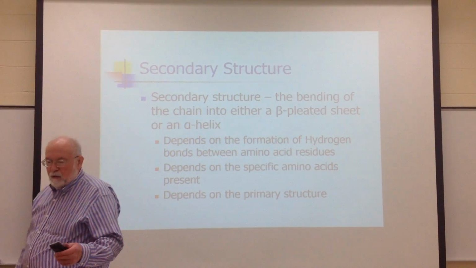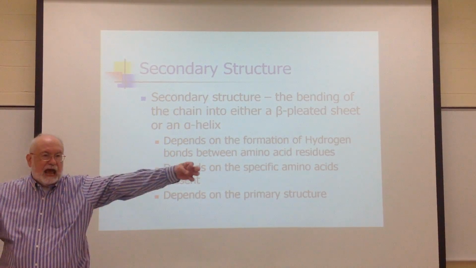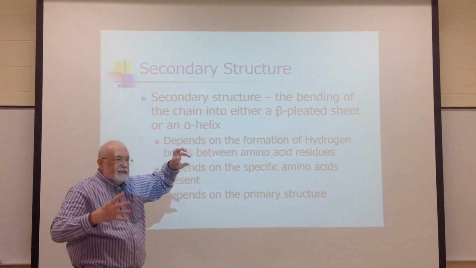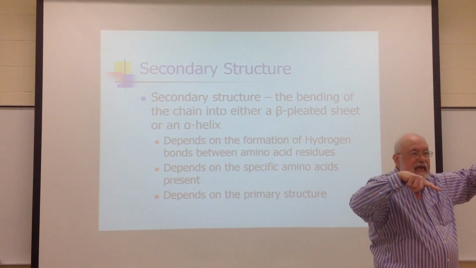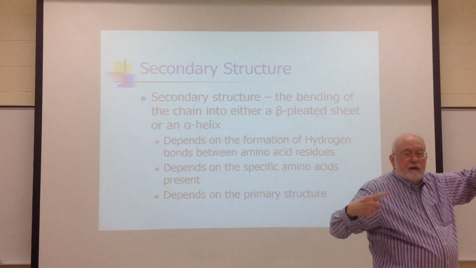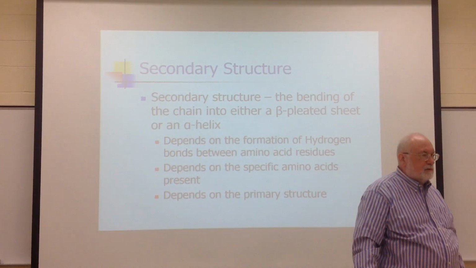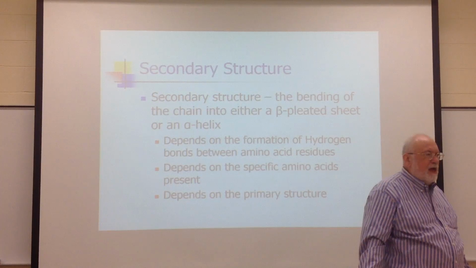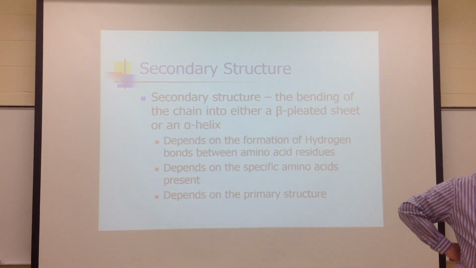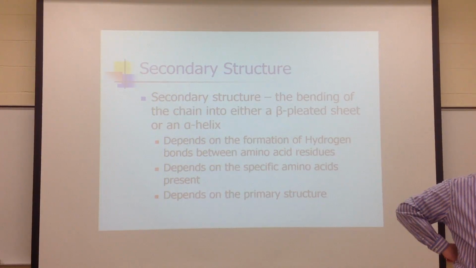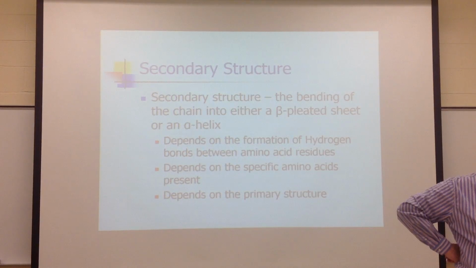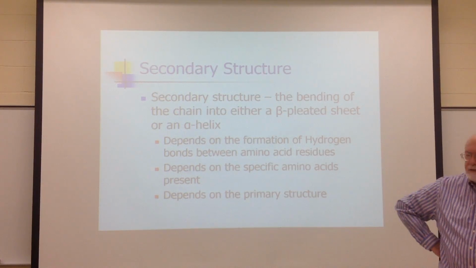So typically now, once you've got that linear chain, it starts bending and folding on itself and producing areas that are either kind of zigzaggy pleats or corkscrewy-like spirals. What makes the difference? It depends on what kind of amino acids are there. If they're the short, small amino acids, they tend to give the pleats. If they're the bigger amino acids, they tend to form the helix, the spiral, or the coil sort of thing.